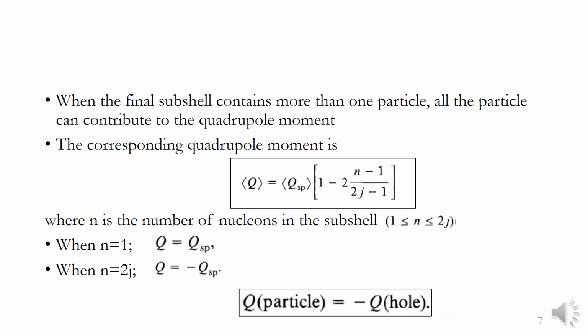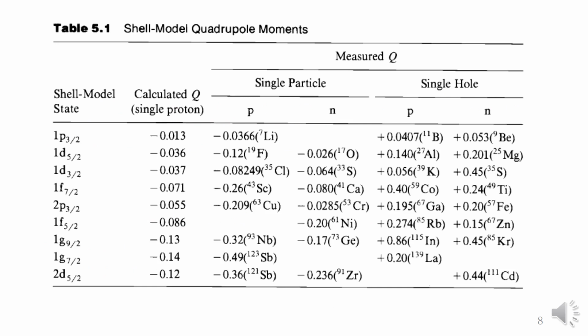Okay. So now these are the complete experimental values of both the neutronic and protonic and also the hole cases. Meaning the absence of a single proton in the final orbit and the absence of a single neutron in the final orbit in that case also.